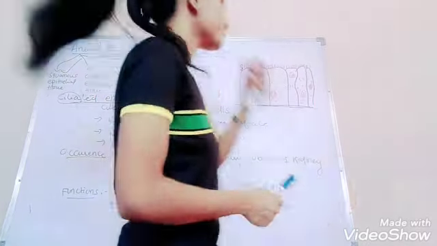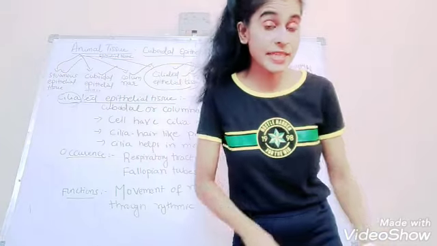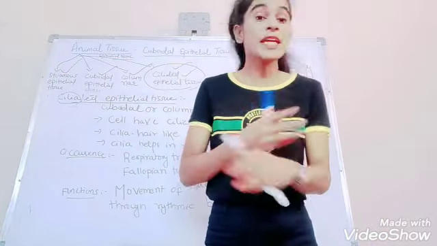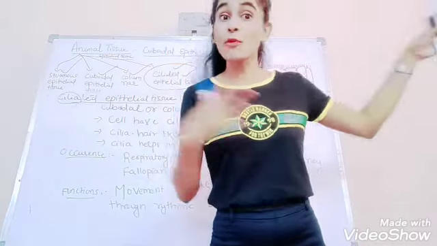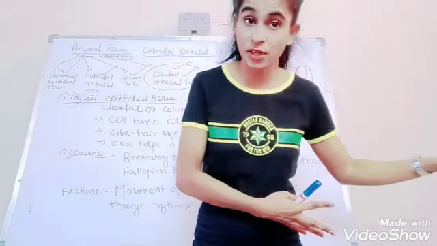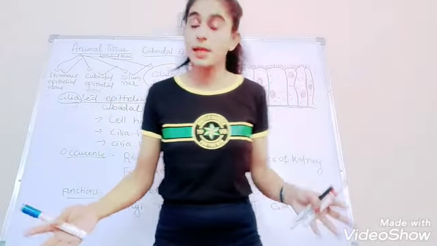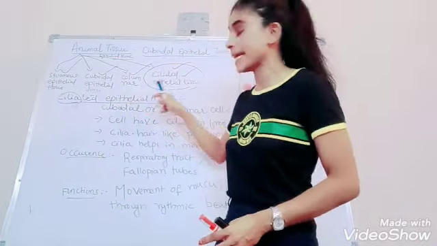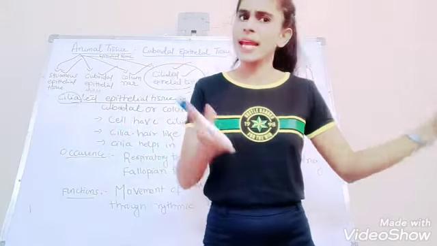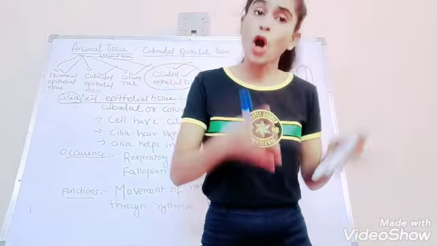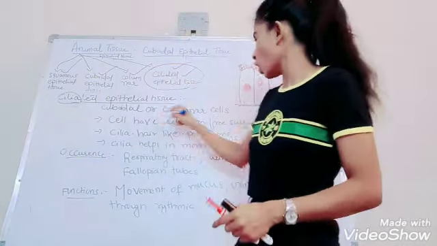And generally, what is the structure of these ciliated epithelial cells? The cells may be cube in structure or columnar in structure. Just now we discussed the cube-shaped cells and the pillar-like column-shaped cells. So in ciliated epithelial tissue, the cells may be either cuboidal or columnar in shape.